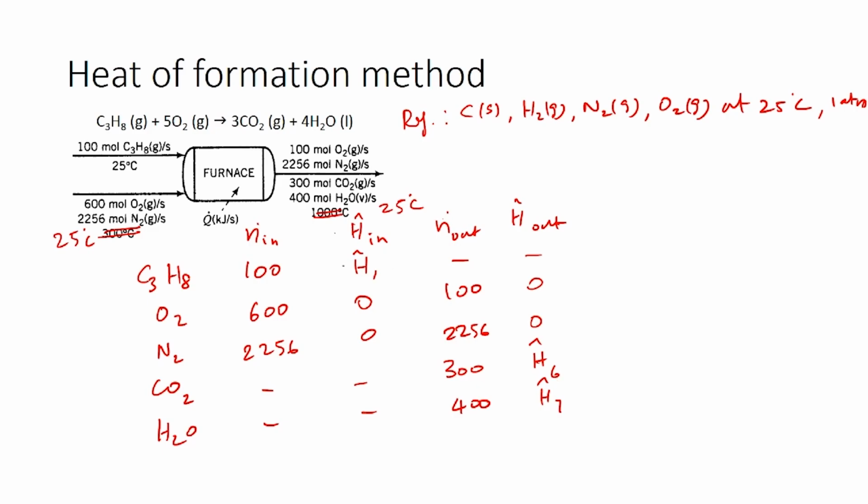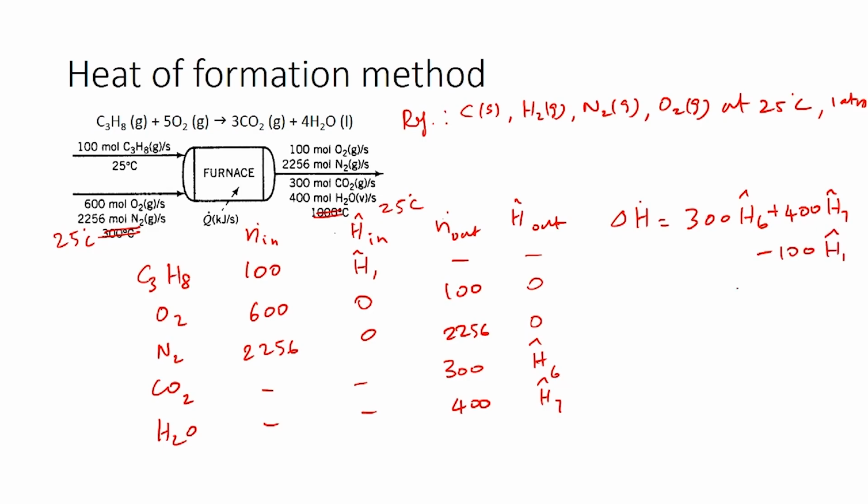Now, for this system the change in enthalpy, delta H dot, would be equal to 100 times 0 plus 2256 times 0 plus 300 times H6 cap plus 400 times H7 cap minus 100 times H1 cap.